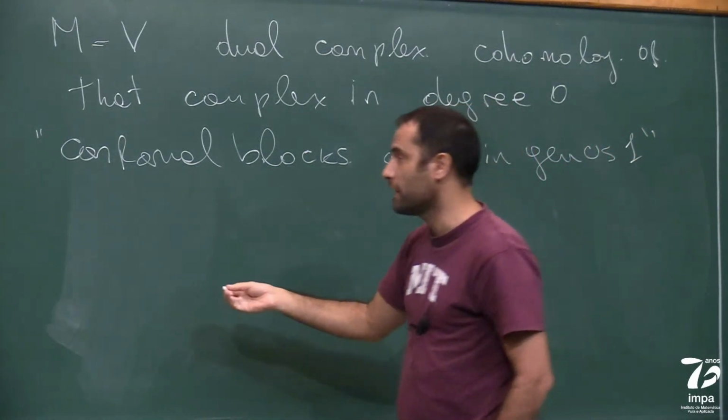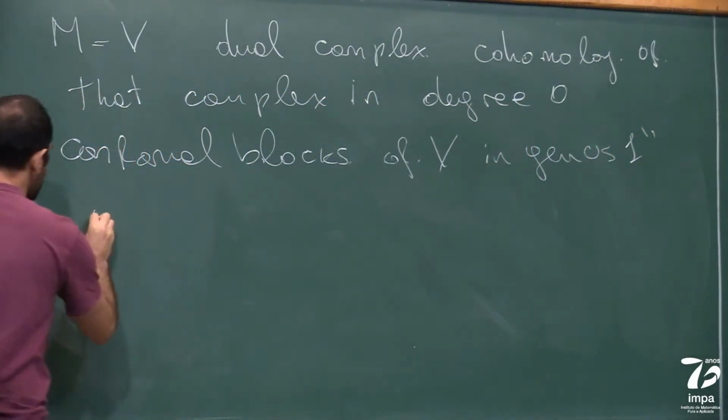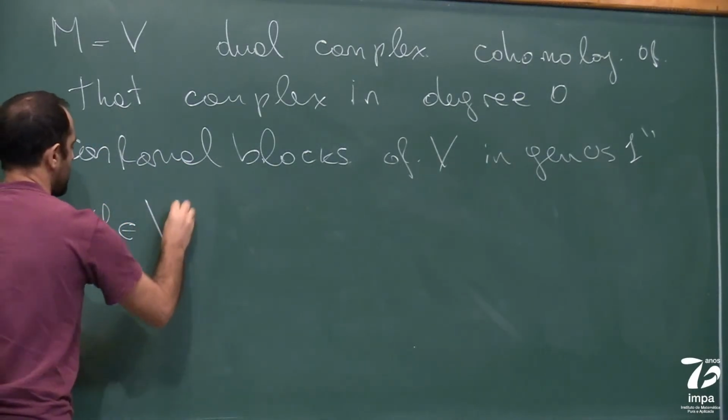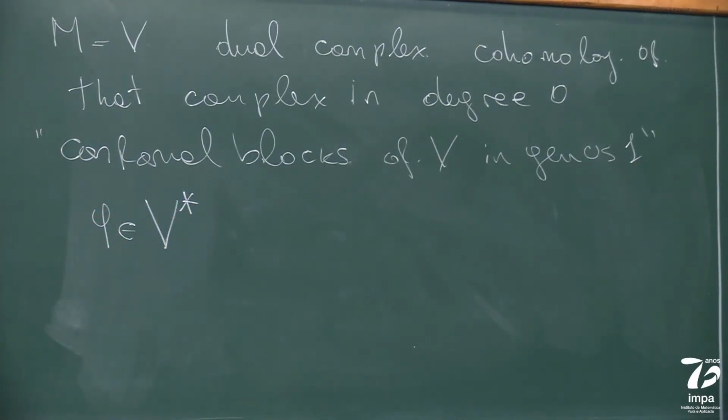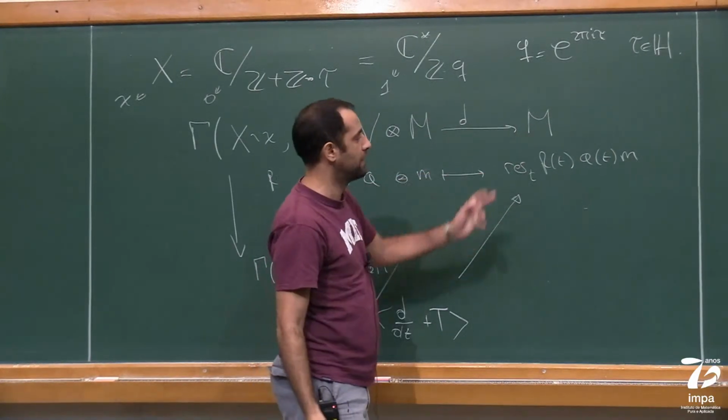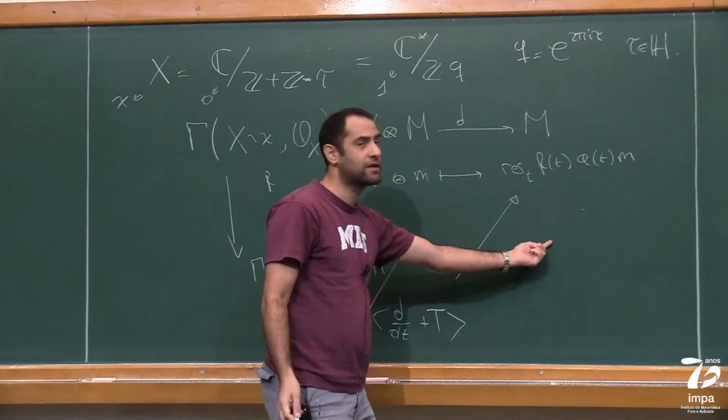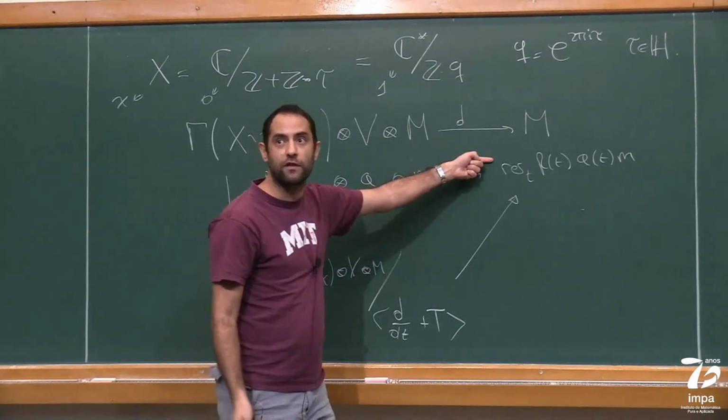And what is it explicitly? Well, M is V here, so I'm going to be looking at linear functionals in V. In general, I would be looking at linear functionals in M, but, well, I'm going to take the dual. So this is linear functionals in V that kill the image of the differential.